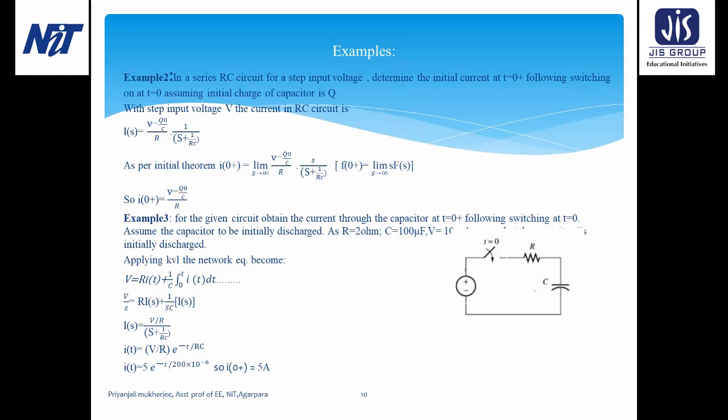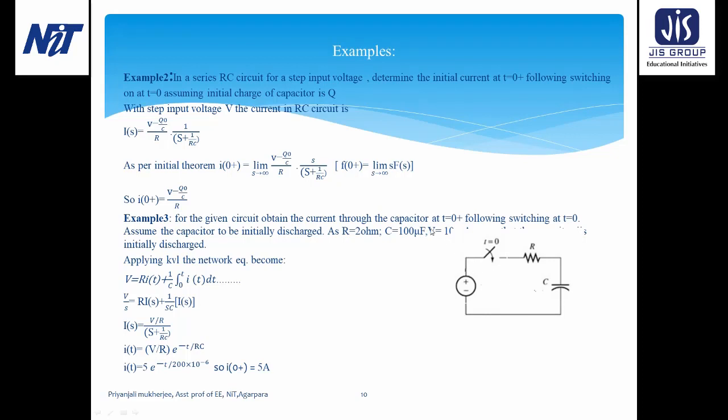If we apply the initial value theorem, f(0+) is equal to the limit as s tends to infinity of s F(s). So applying this, we find that i(0+) is equal to (V minus Q0 by C) divided by R.